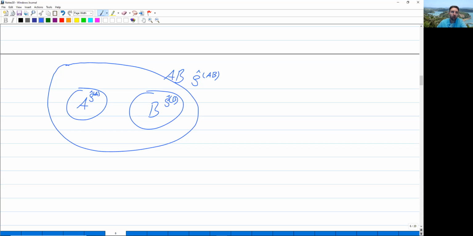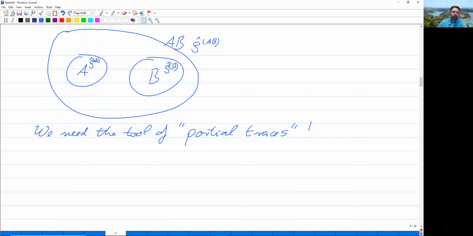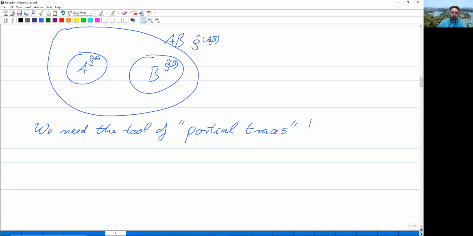And what is that relationship? So we will need a tool. We need the tool of so-called partial traces, in order to calculate what rho A is from rho AB.